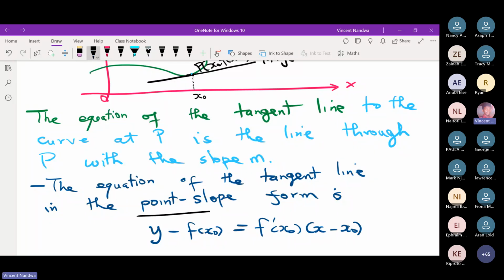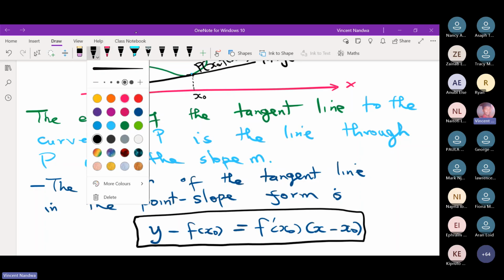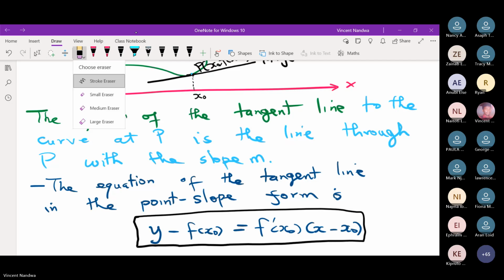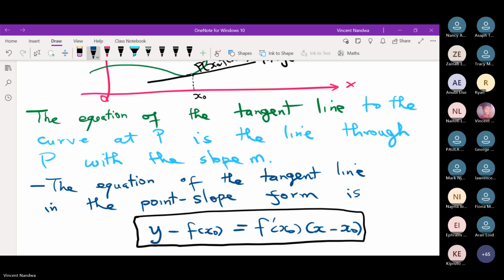So this is the equation in the point slope form of the tangent through point P as given by the definition above. And you can always transform this equation into the form y equals mx plus c. So that's what we have.